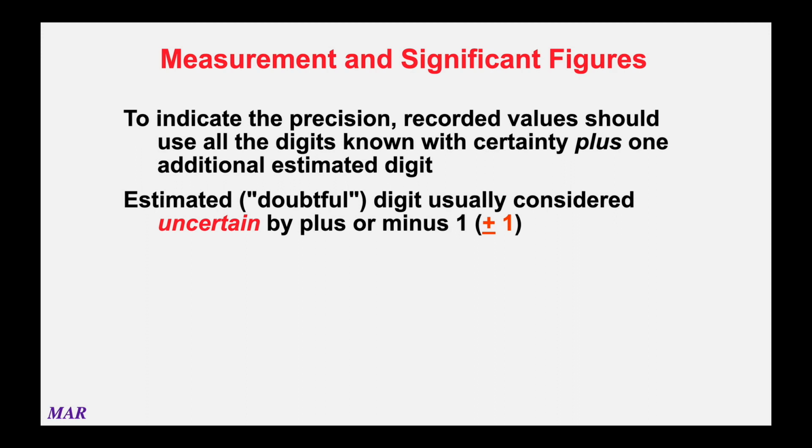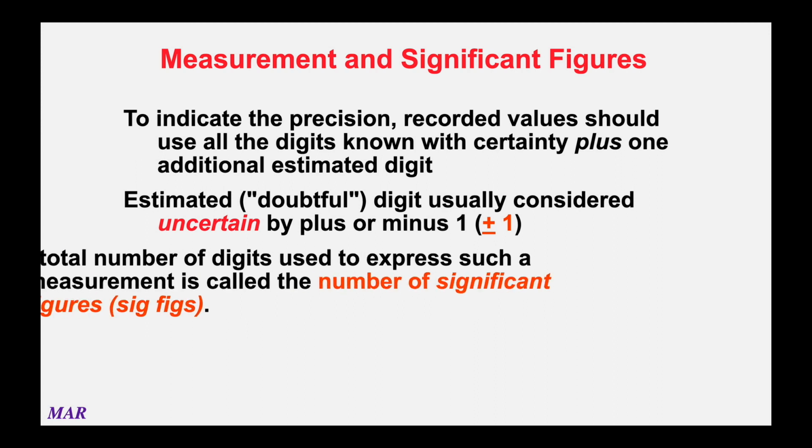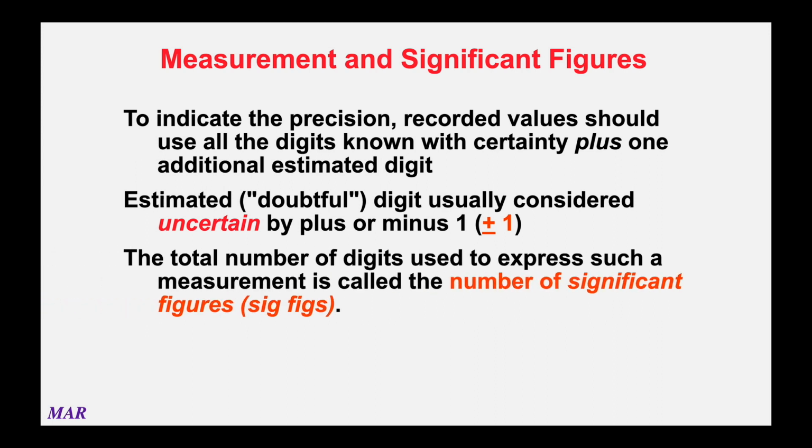So every number is going to have some known values plus one doubtful digit, and the doubtful digit is just the last number. The total number of digits is called the number of significant figures, and significant figures is abbreviated sig figs. So we need to know in any number how many significant figures there are and which one is the doubtful digit.